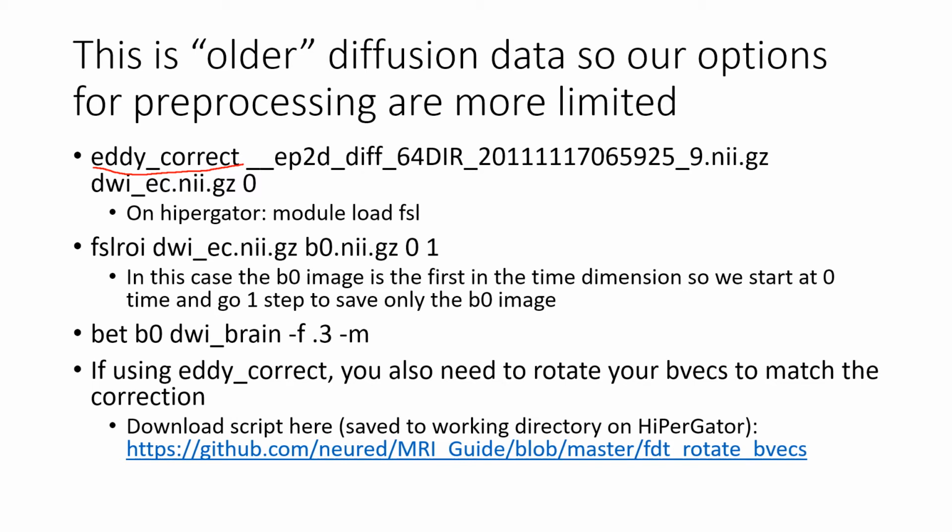Some of these steps you can actually do in a different order, but for our purposes, we're going to do it this way. Eddy correct is software that's part of FSL used to correct for motion, and it also can correct for those eddy currents that I talked about in the previous video, where you apply one gradient and then another, and when the gradients are no longer applied, you end up with these little eddy currents.